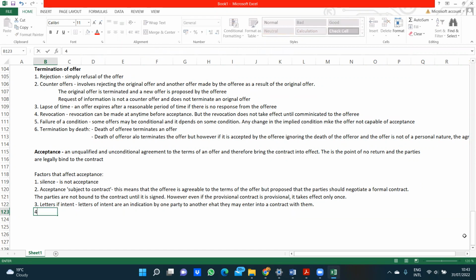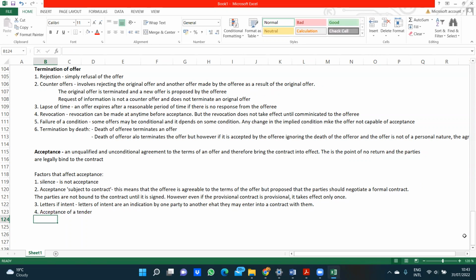And finally, acceptance of a tender. Tenders are generally invitations to treat, right?